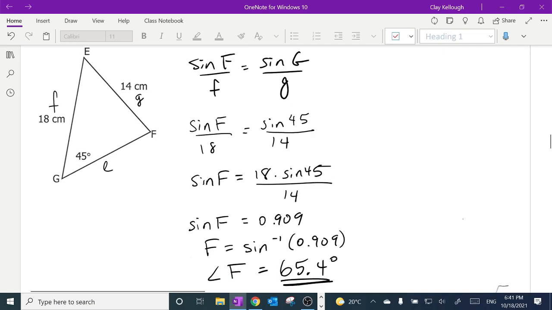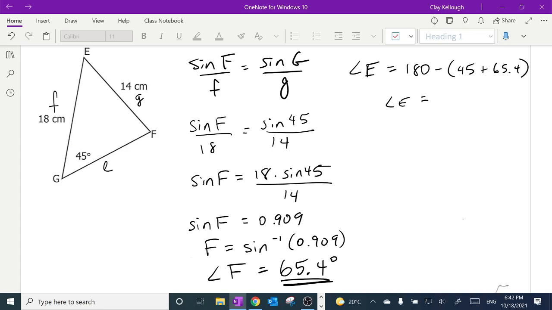Now, do I need sine law to solve for angle E? Remember the last example, we couldn't use Pythagoras because it wasn't a right triangle, but the 180 rule, that there's 180 degrees in every triangle, works for every triangle. So no, for angle E, I don't need any fancy sine law. I just need 180 degrees minus the 45 plus 65.4.